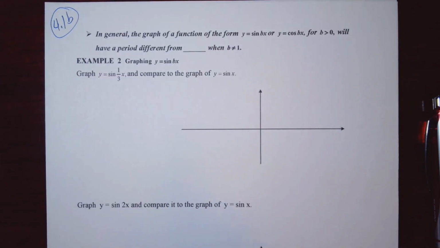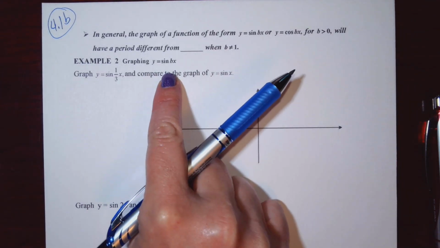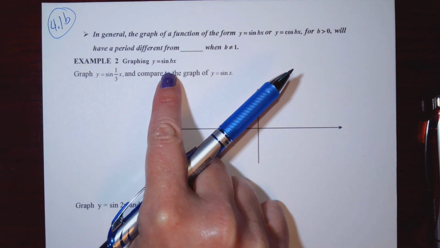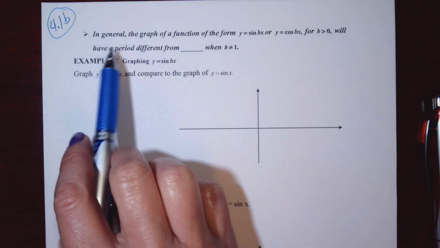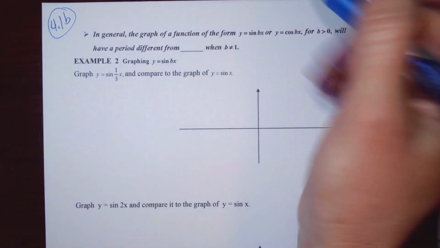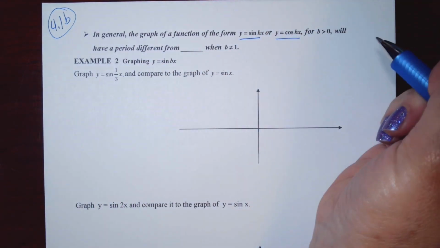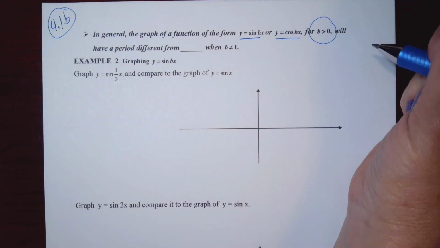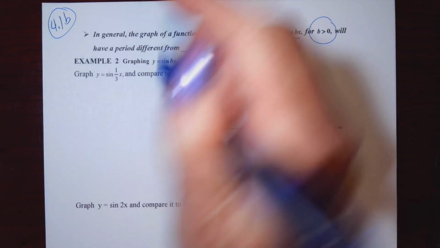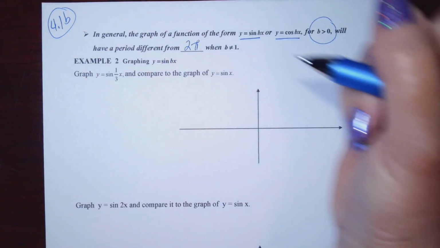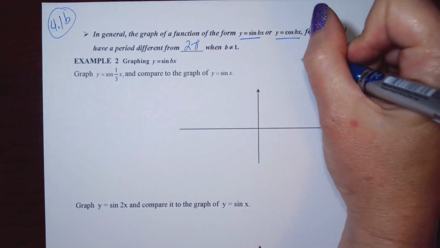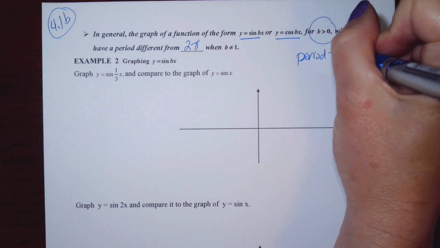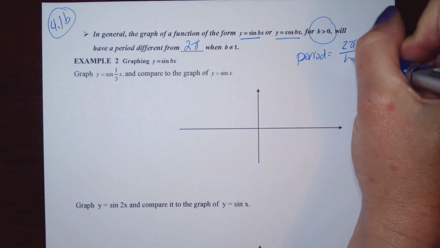Now let's move on and talk about when we have this value B. This gives us our horizontal stretch or shrink. In general, the graph of a function in this form, either sine or cosine, as long as b is greater than 0, so if b is positive, is going to have a period different from 2 pi, because the period of our sine and cosine function is 2 pi over b.